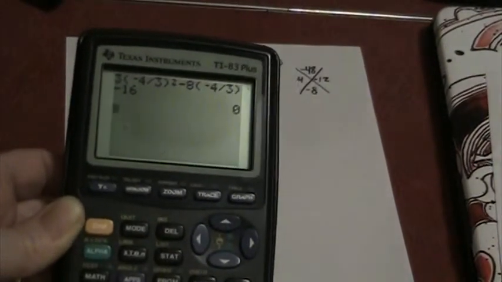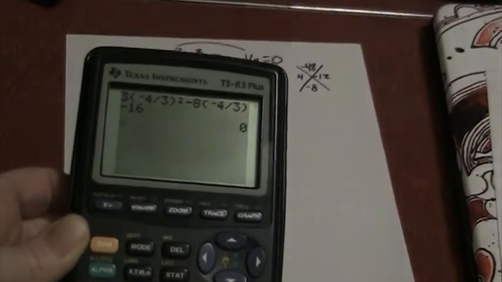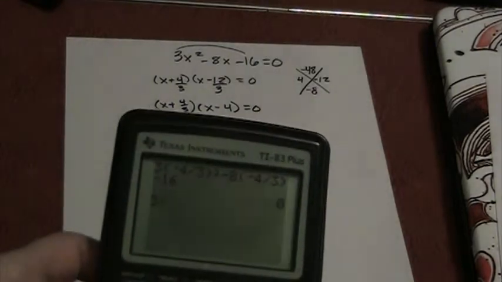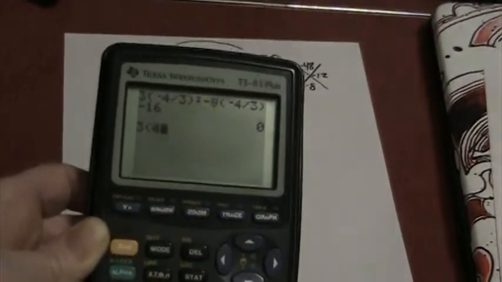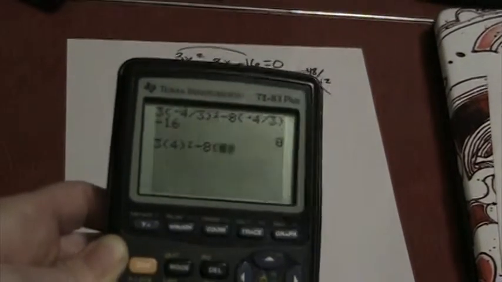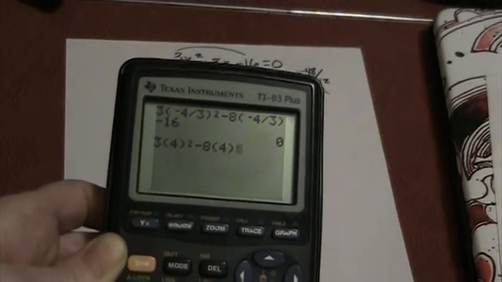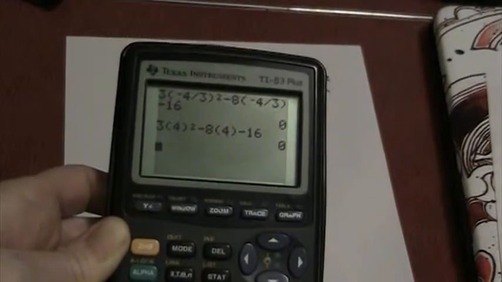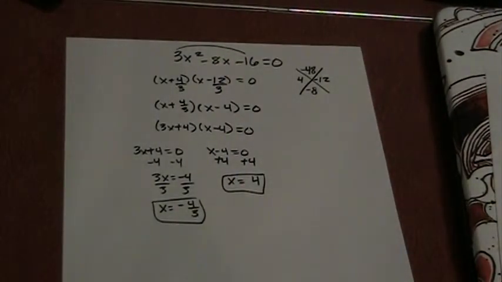I get 0, so that's the correct solution. And then for checking x equals 4, it'd be 3 times 4 squared minus 8 times 4 minus 16. And I get 0, so I know my solutions are correct. So that is how you would solve using the X puzzle when a does not equal 1.